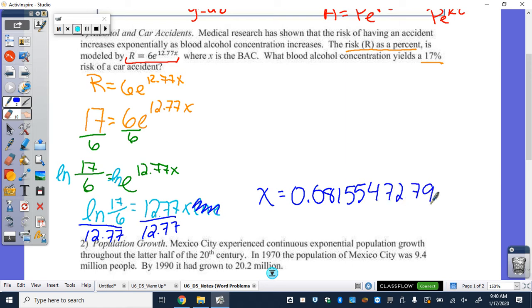Did we get that? 0.0815547279. I just typed in ln of 17 over 6 divided by the 12.77.